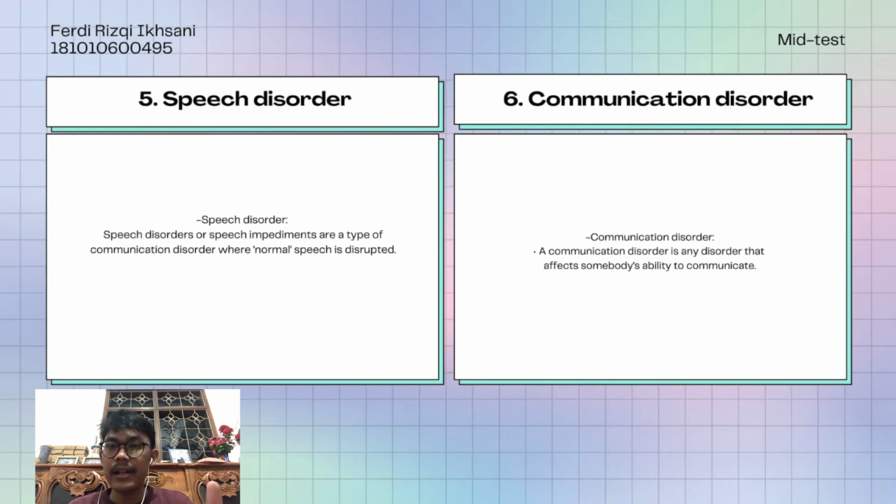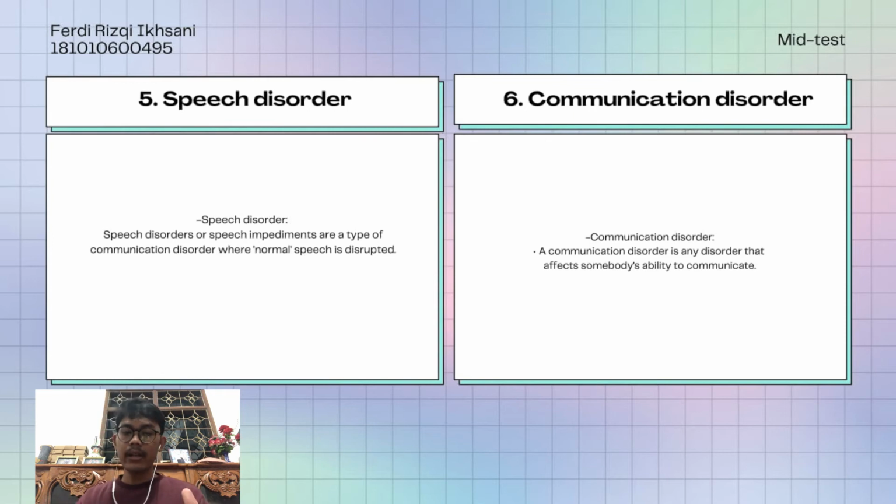And the last one is communication disorder. A communication disorder is any disorder that affects somebody's ability to communicate. The delays and disorders can range from simple sound substitution to the inability to understand or use one's native language. Okay, this is what is included in language disorder.